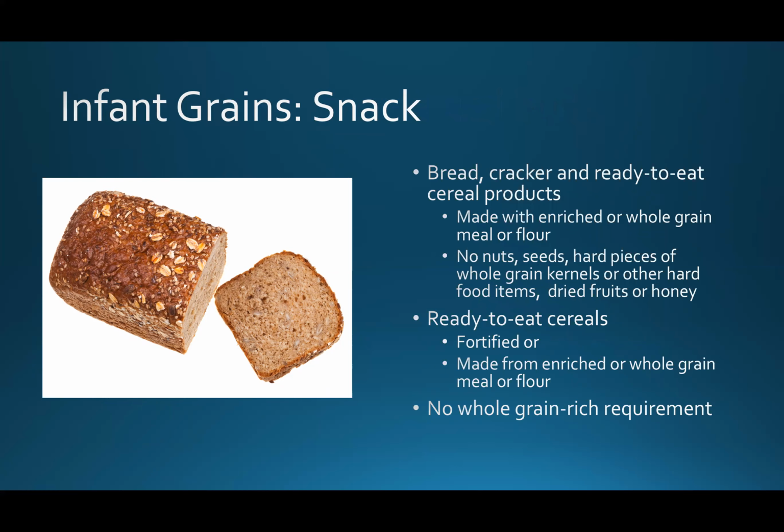They must also be made without nuts, seeds, or hard pieces of whole grain kernels or other hard food items, dried fruits, and honey. Ready-to-eat cereals must be fortified if not made with enriched or whole grain meal or flour. The CACFP whole grain rich requirement does not apply to infants.